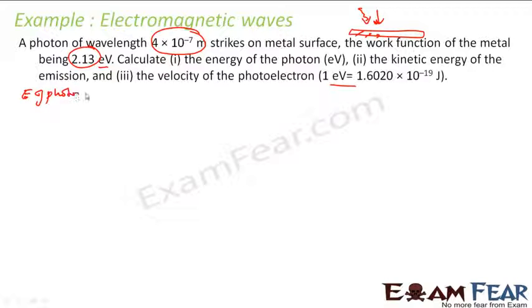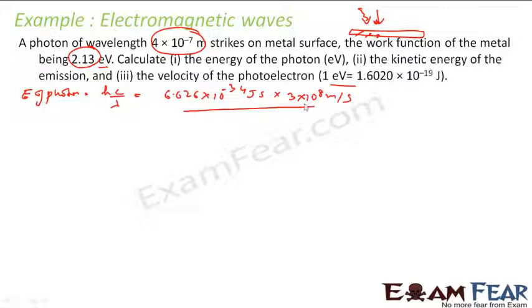So energy of photon is nothing but hc by lambda. Put the value of h, Planck's constant, 6.626 into 10 to the power minus 34 joule second. c is 3 into 10 to the power 8 meter per second, divided by lambda, which is 4 into 10 to the power minus 7 meter. So if you solve this, you get 4.9695 into 10 to the power minus 19 joules.